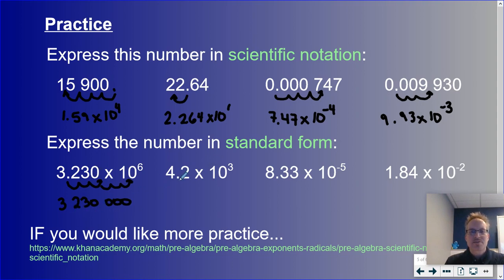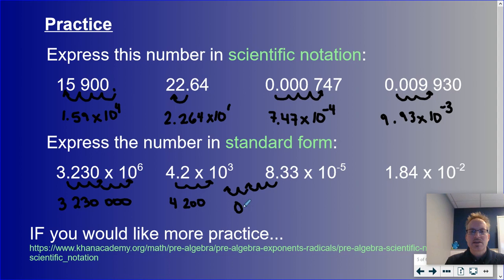So again, positive 3 means I'm going to take it out, move it the opposite direction. So 1, 2, 3. This is going to be 4,200. Again, negative 5 meant I moved it to the right. So to take it out, that means I have to move it to the left. 1, 2, 3, 4, 5.